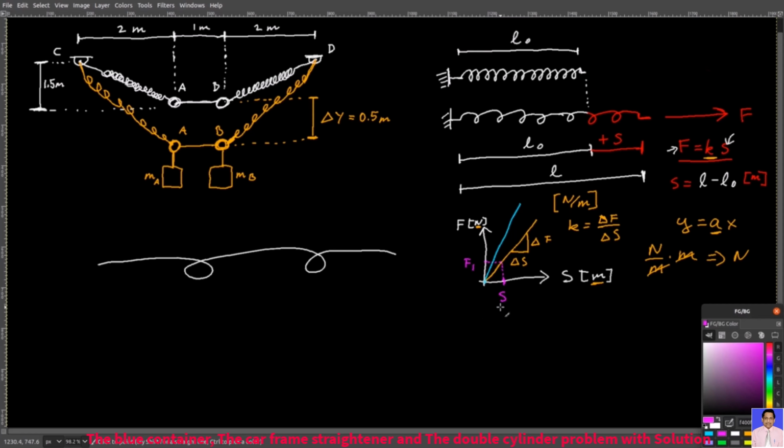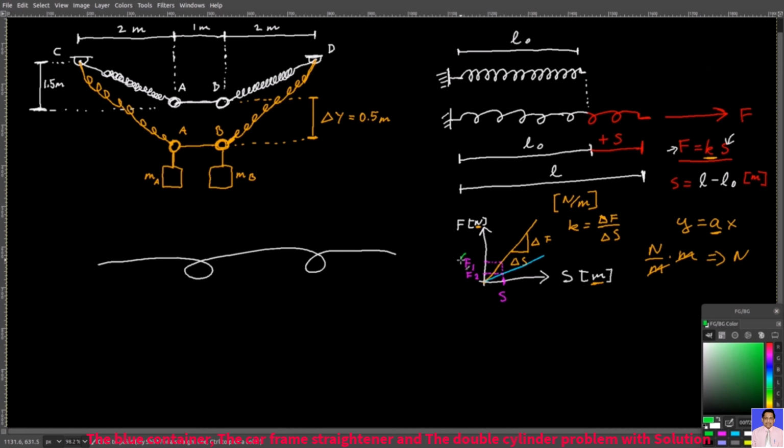In that case, for this S value, you have to apply more force. In other words, if you apply the same amount of force, then you will get less S. Or, for example, if you choose a spring that has a smaller K value, then your slope is smaller, and for the same amount of S, you have to apply less force.